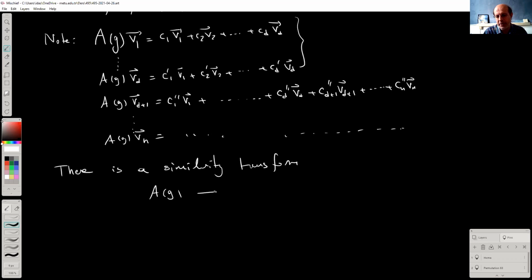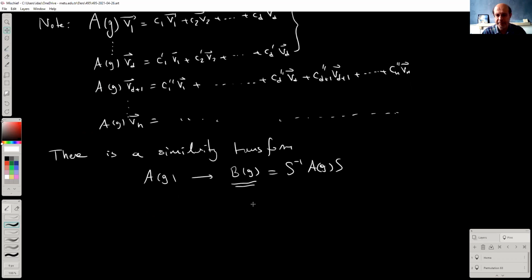Each A of G would be expressed as, let's say, B of G, which is S inverse A of G S, where this B of G is basically A of G, but expressed in this basis.